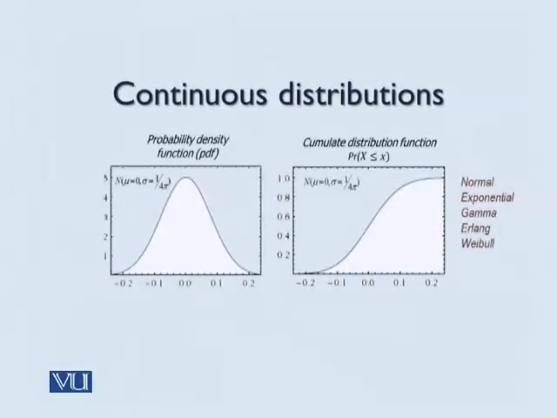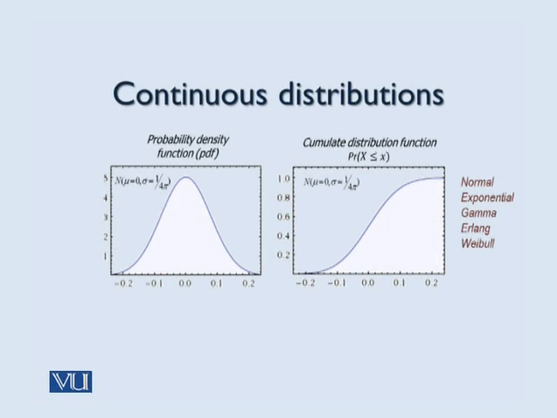What we say instead is the probability of the continuous random variable being in a certain range. The standard way of defining a continuous distribution is in the form of the probability density function and the cumulative distribution function. You can see both on the screen now.